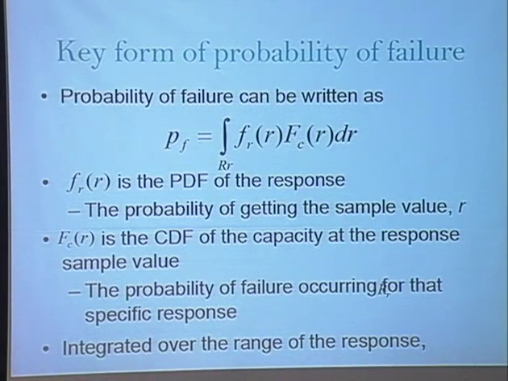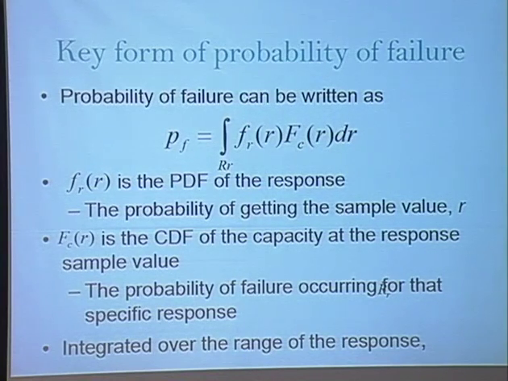The capacity is just, you have a failure stress of 120 megapascal plus or minus one standard deviation of, let's say, 5% with log normal distribution. So if somebody gives you a stress, you can immediately tell what is the chance that the structure will fail with that stress.